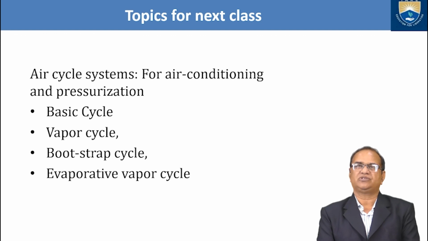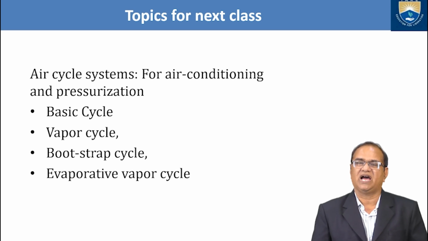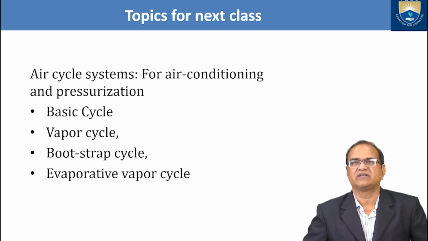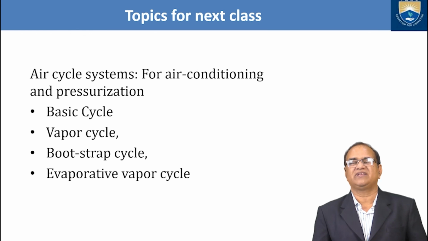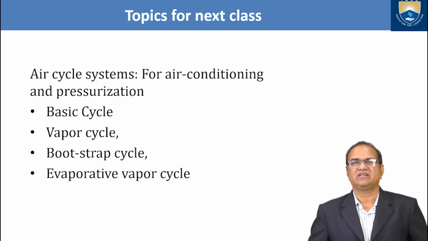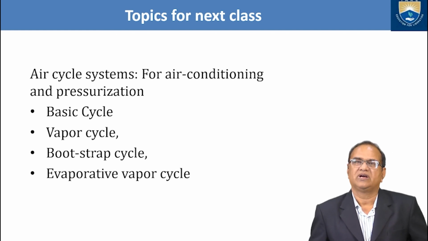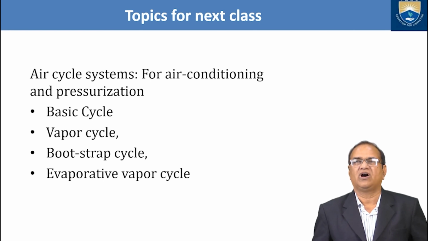Hope you have understood, and as of now I have completed the electrical system of module 2, but I am still in module 2 only, and I will be discussing how in real aircraft we get air conditioning and pressurization, and it will be very nice to listen. It will be very good and very fruitful for all. Try to attend my next class also.